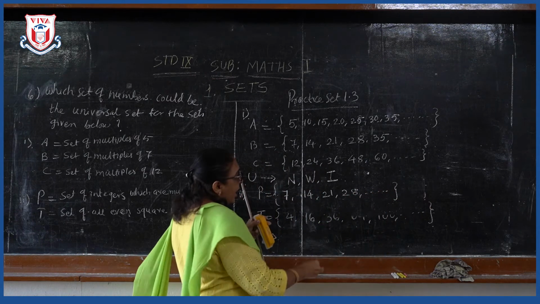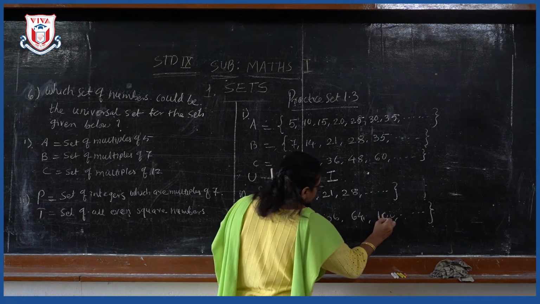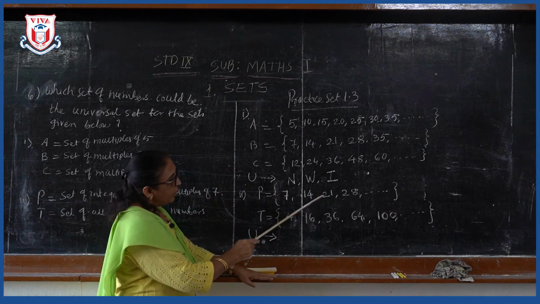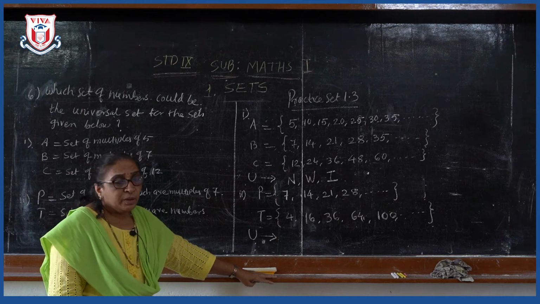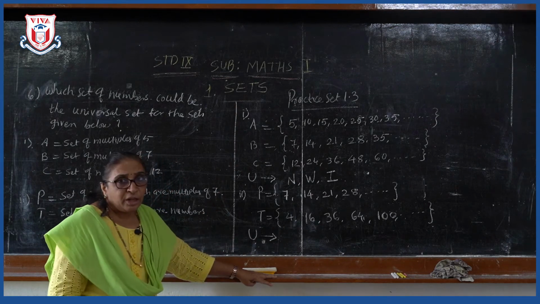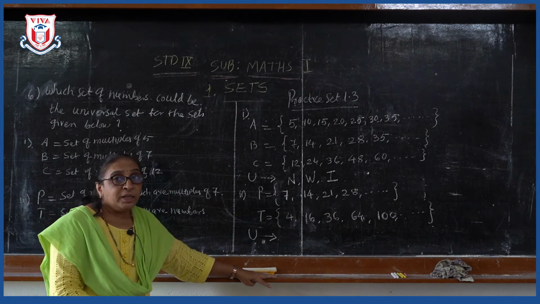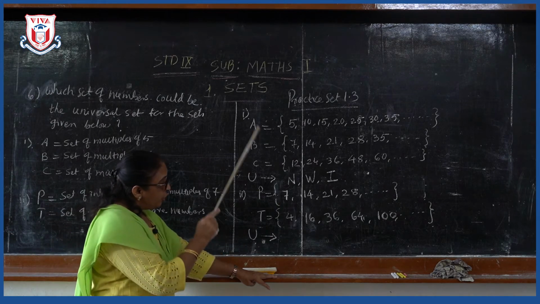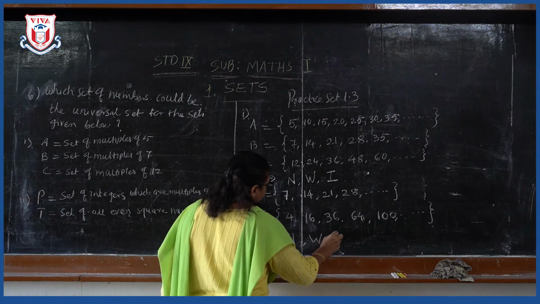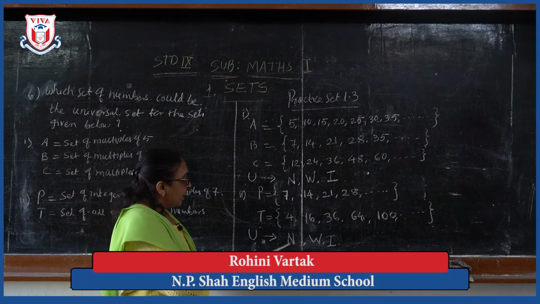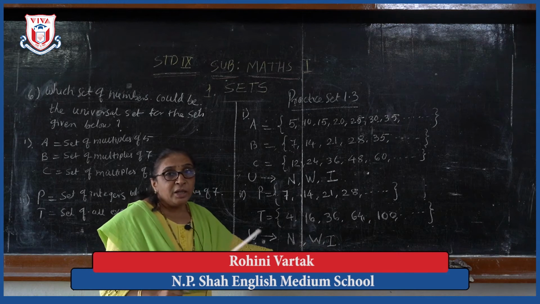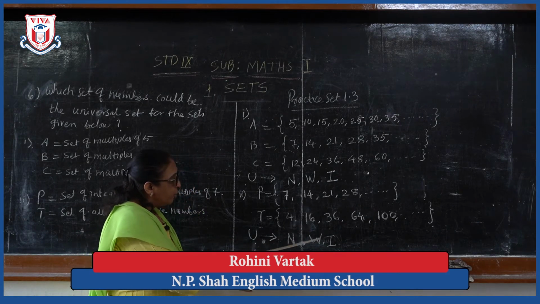Now just check: 7, 14, 21, 28, if we consider only positive multiples, and T: 4, 16, 36, all these are natural numbers, all these are whole numbers, all these are integers. So what will be the universal set? Here also N, W and I. N means the set of natural numbers, W means the set of whole numbers, I means the set of integers. In this way we can say that U is the universal set.